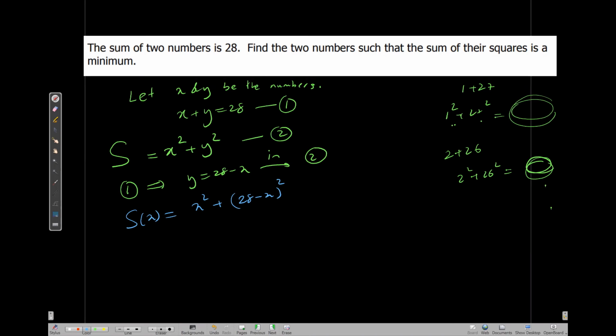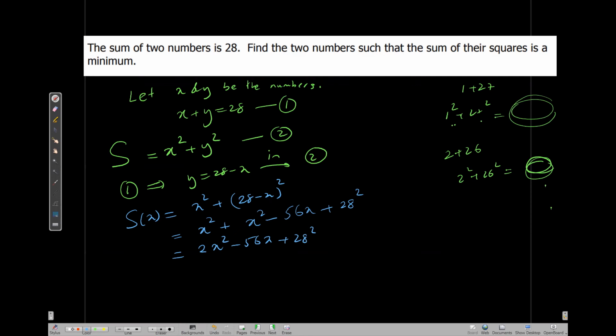Now let's actually simplify this. So x squared plus we have x squared minus 2 times 28 times x, so that's 56x, plus 28 squared, whatever that number is. I will leave that for the time being. So we have 2x squared minus 56x plus 28 squared.